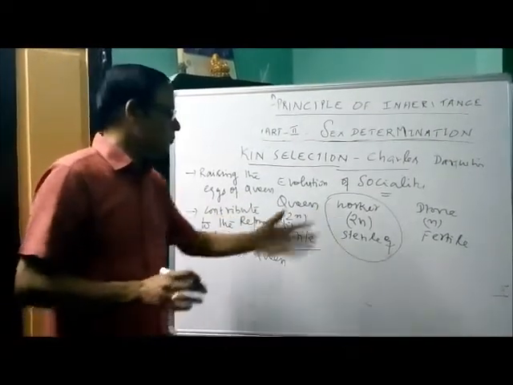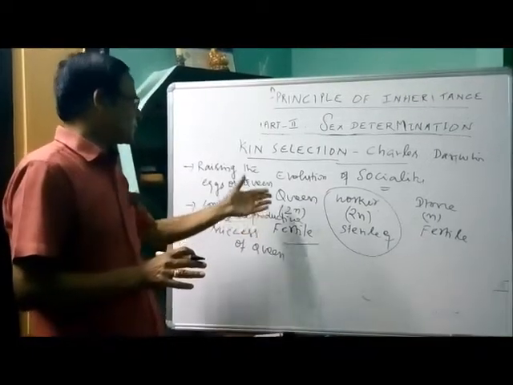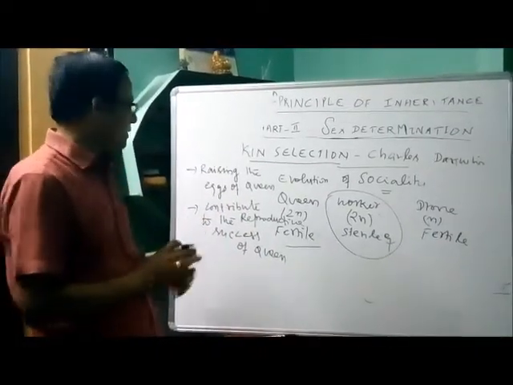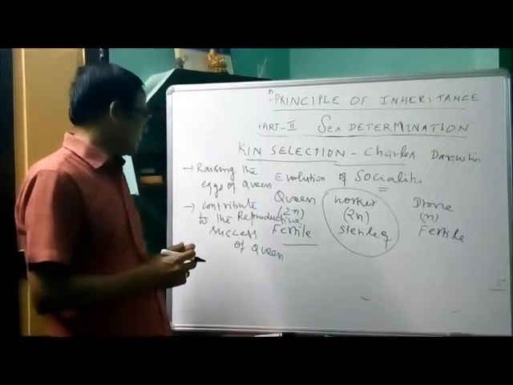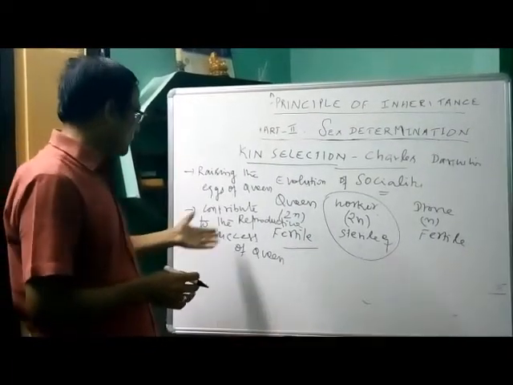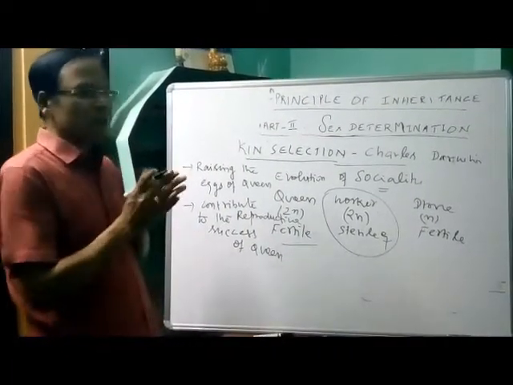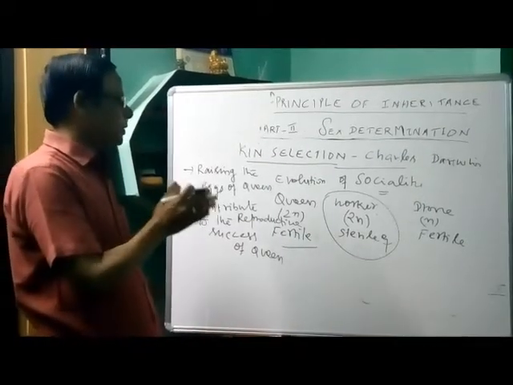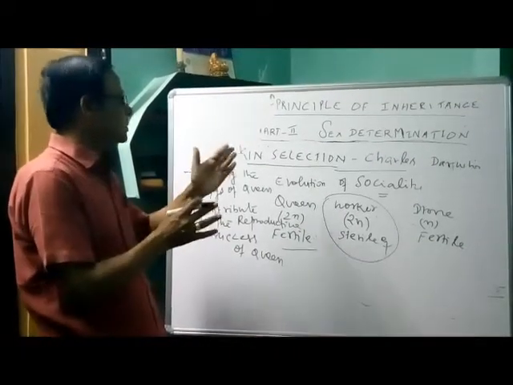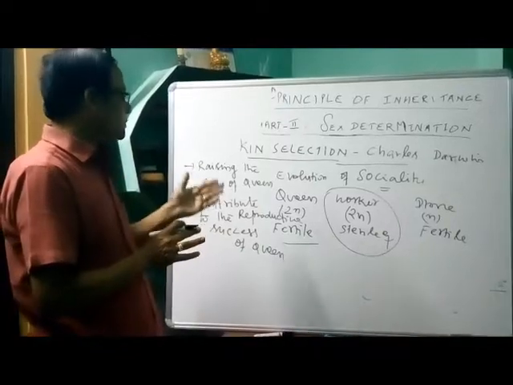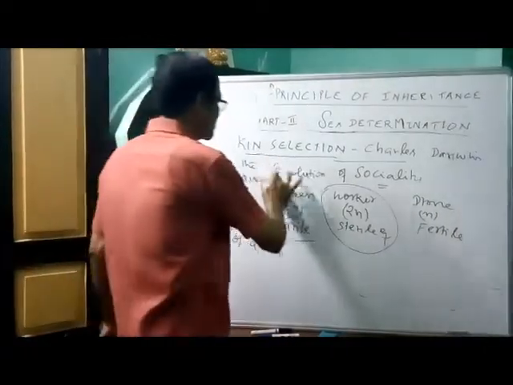So it doesn't undergo reproduction, but favors the development of the queen by raising the eggs of queen, and also contributes to the reproductive success of queen. So reproductive success of queen depends mainly on the sterile female. This is called kin selection. So it is responsible for the evolution of sociality.